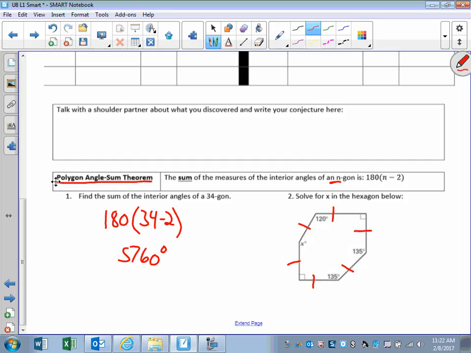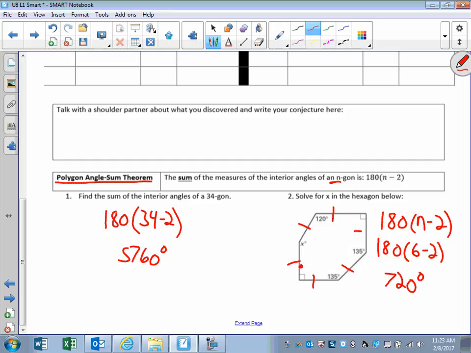So that's going to be 180 times 6 minus 2, which is 180 times 4, which is going to be 720. So all the angles need to add up to 720.